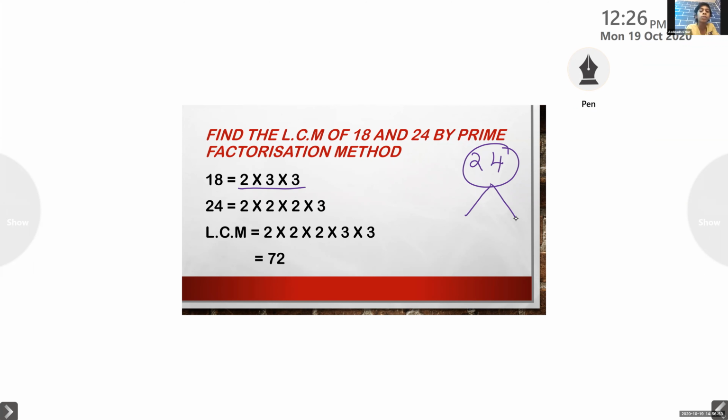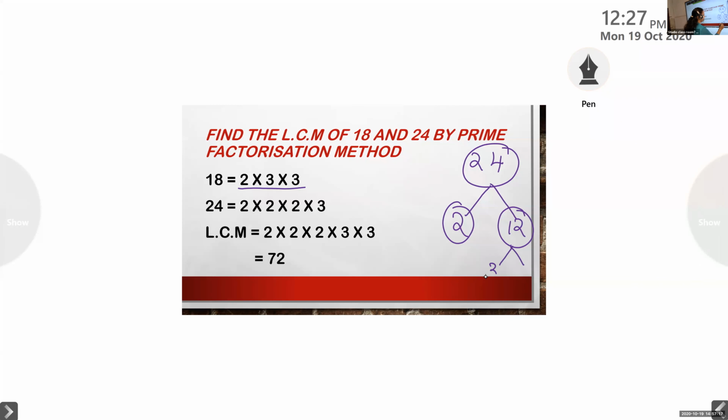2 into 12. Okay. Now, can you tell me which is the composite number and which is the prime number? 12 is the composite number, and 2 is the prime number. Now, 12, how can I write? 3 into 4.